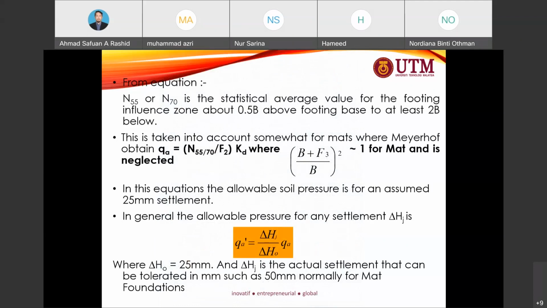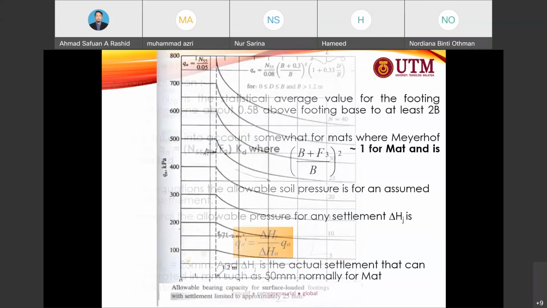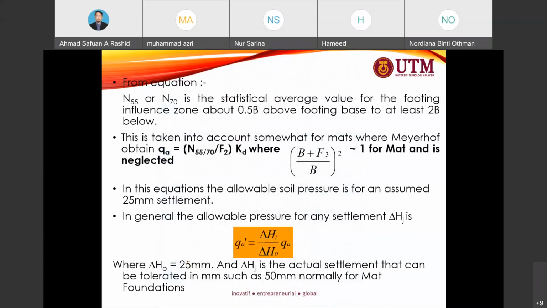From the equation, N55 or N70 is the statistical average value for the footing influence zone, about 0.5B above the footing base to at least 2B below.